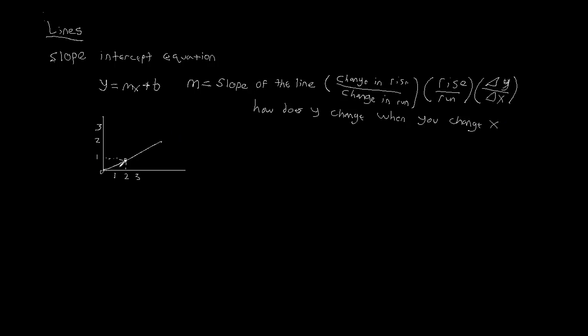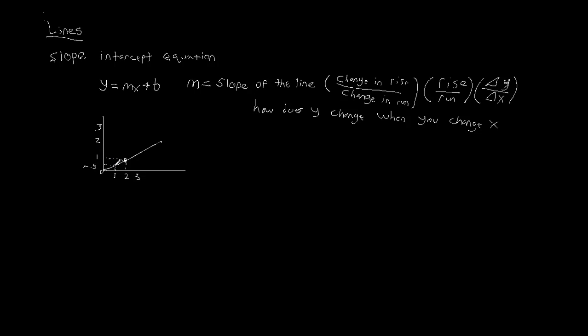Looking at our little example here, when we go from x equals 1 to x equals 2, how does our y value change? In this example, when y is equal to 1, x is approximately 0.5. When we change x to 2, we go up, we hit the line, and we go over, and we get a value of y equals 1.